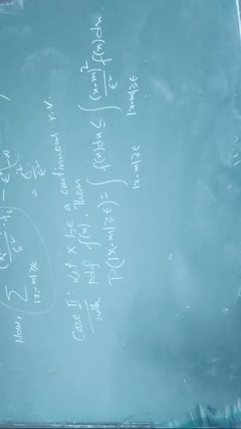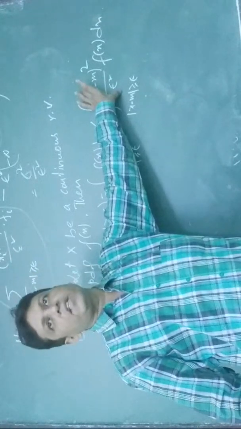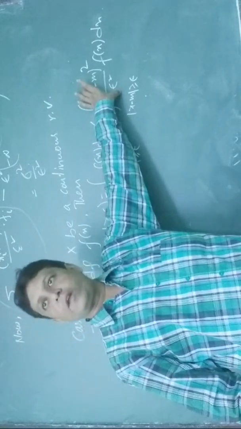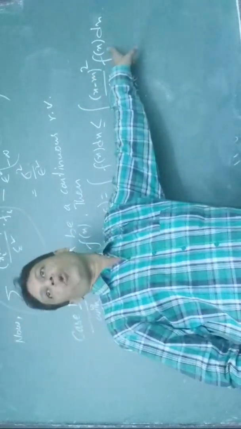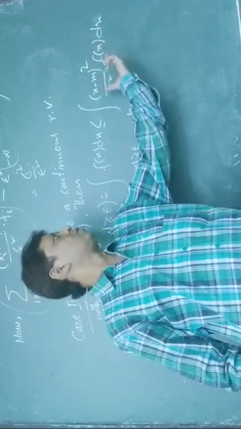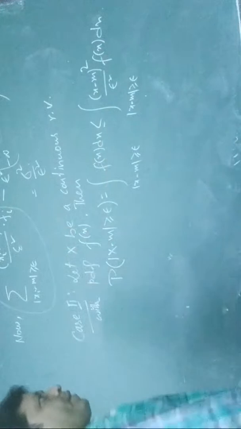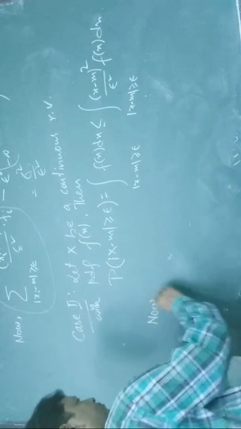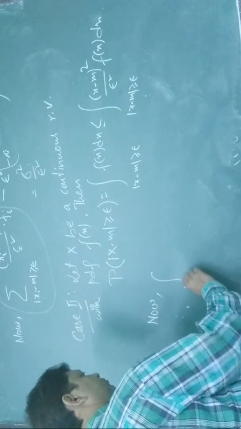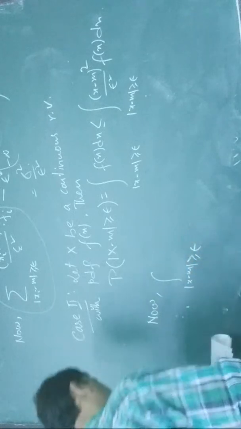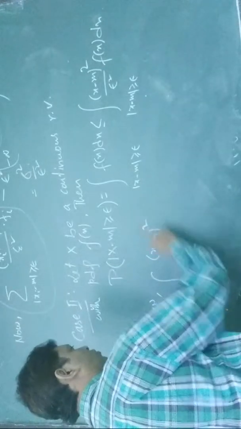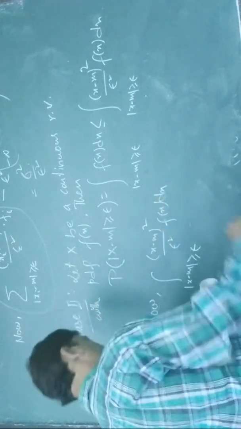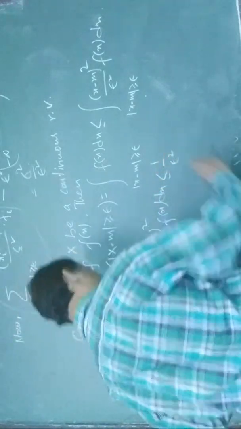Same logic. This mod x minus m whole square greater than or equal to epsilon square, then x minus m whole square by epsilon square is greater than or equal to 1, and fx is always positive or 0, so this must be greater than or equal to this. Now the integral of x minus m whole square by epsilon square fx dx is less than or equal to sigma square by epsilon square.